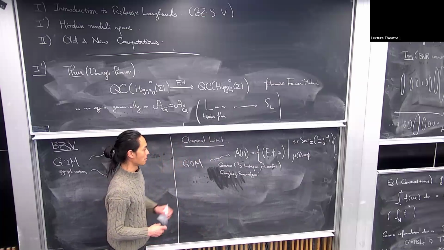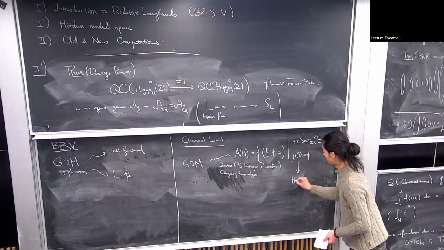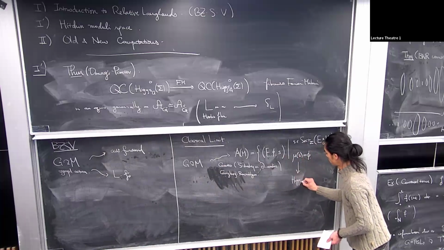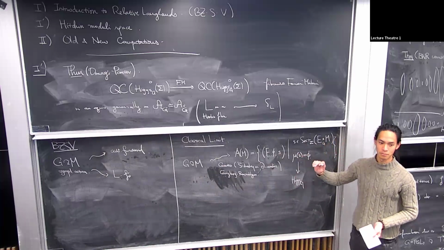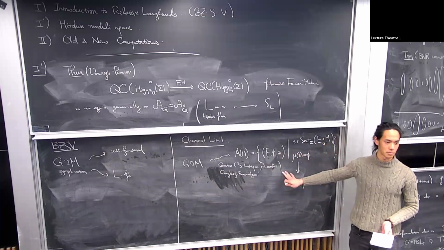But whatever this thing is, maybe the most important thing to remember about it is that it maps to Higgs G, just by forgetting the section. Are there any questions about this?